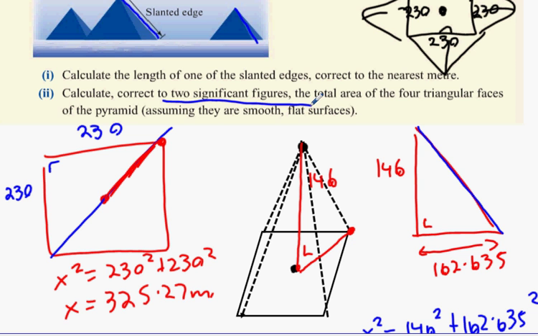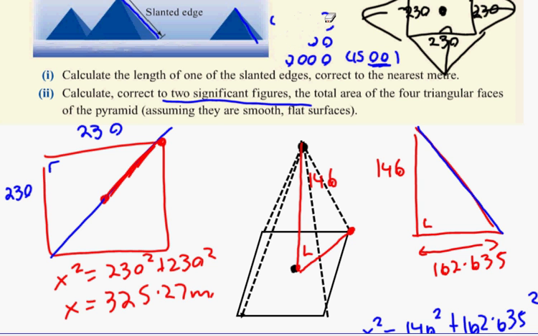Example: 45,163 is 5 significant figures. 45,000 is 2 significant figures. 45,001 would actually be 5, because the zeros are sandwiched in between. Significant figures, right, guys?